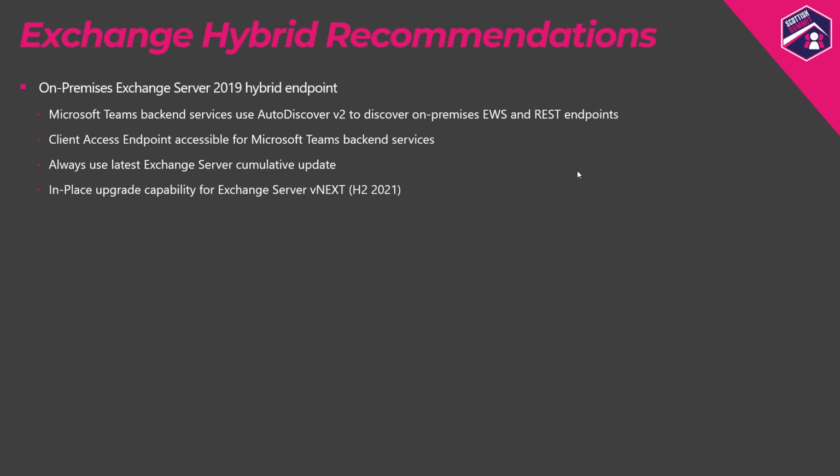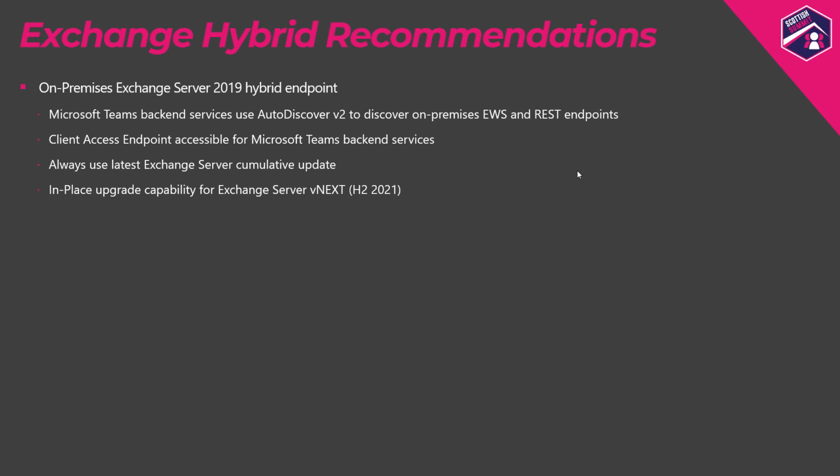What are the recommendations for your hybrid setup? More or less in spring 2021, you should run Exchange Server 2019 as a hybrid endpoint or your preferred hybrid systems. Because you need to remember that Microsoft Teams backend services use something called Autodiscover version 2 to discover your on-premises Exchange Web Services and REST endpoints.